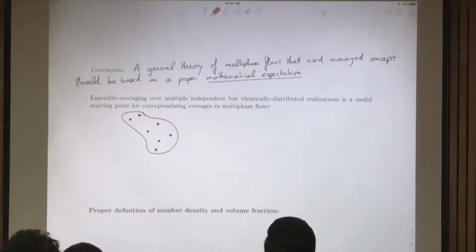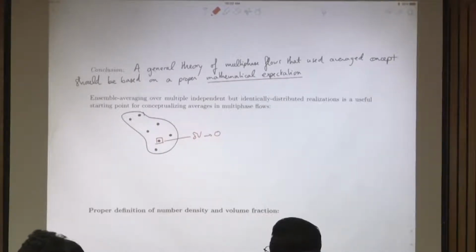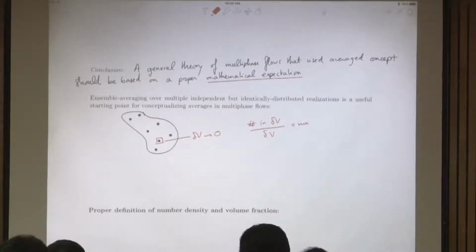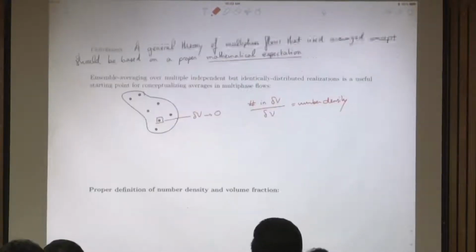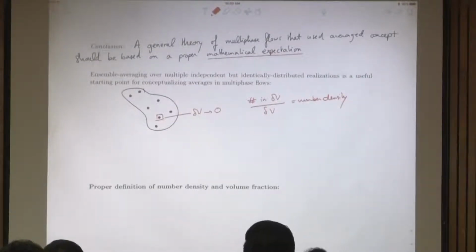One was to try to draw or look at an area or a volume in this and count the number of particles. Now we're going to say at a point, or basically over an infinitesimal volume, which is now allowed to go to 0, I can count the number of particles. That's going to give me my number density as before. But now I'm going to want to let this delta V go to 0, and I'm going to rely on the fact that I have access to multiple realizations.